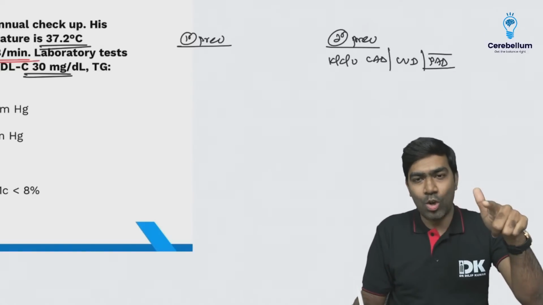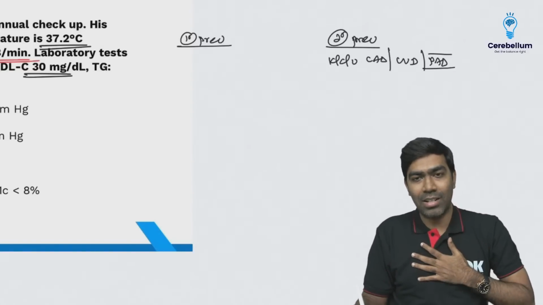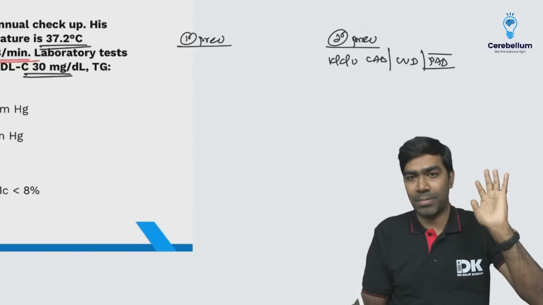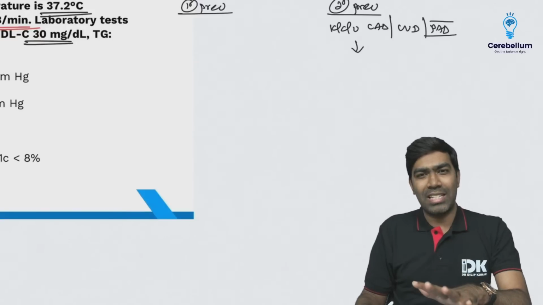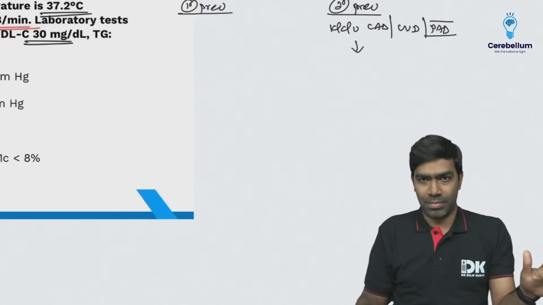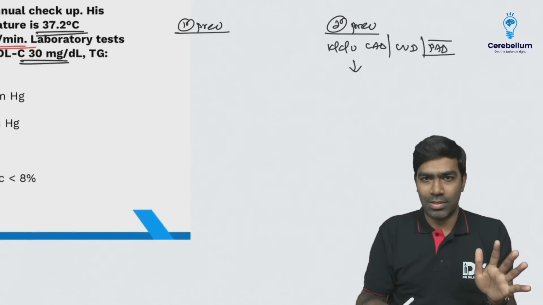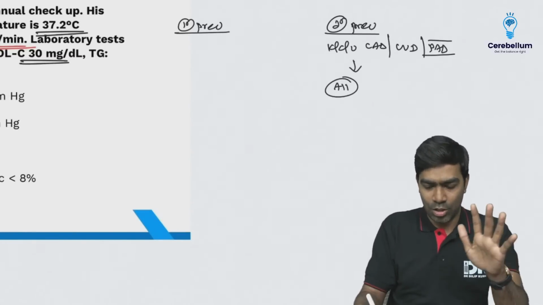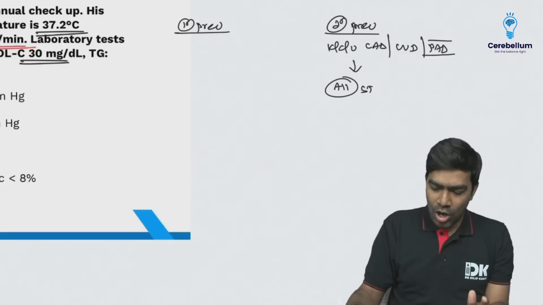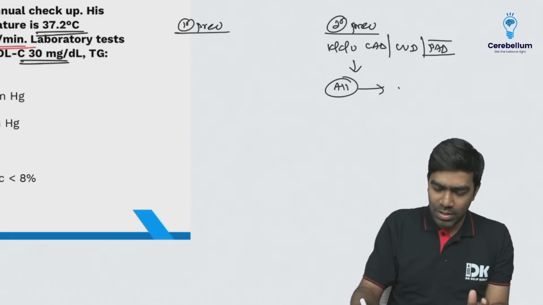Patient is already a known case of either CAD or CVD or PAD. In this setting, you have to use statins irrespective of whatever the cholesterol is. So all patients, irrespective of what LDL is, you are going to use statins. All patients should receive statins.